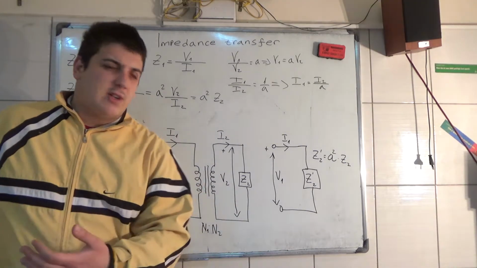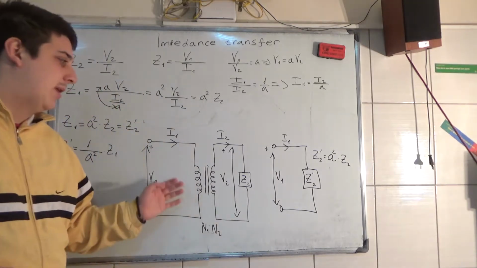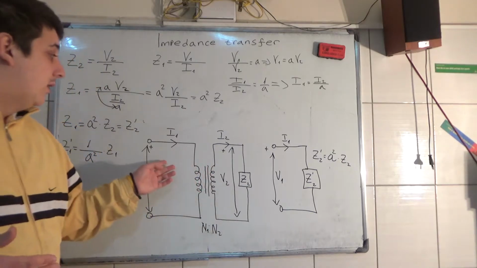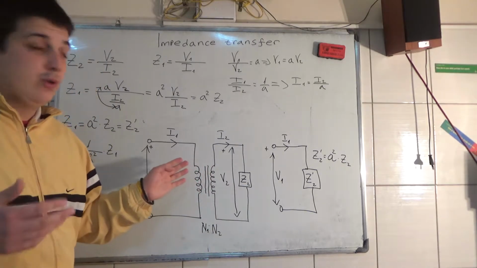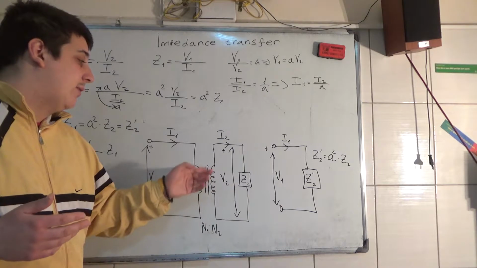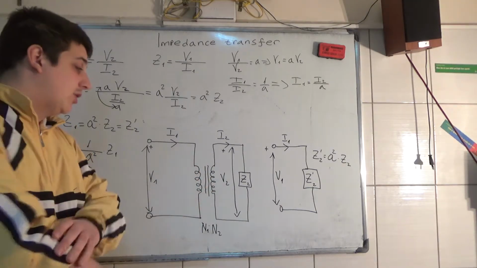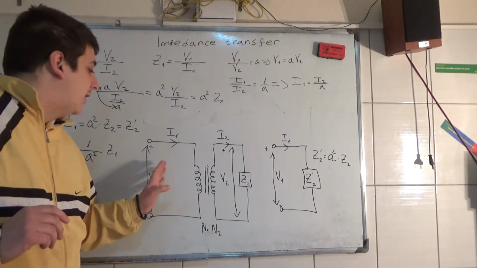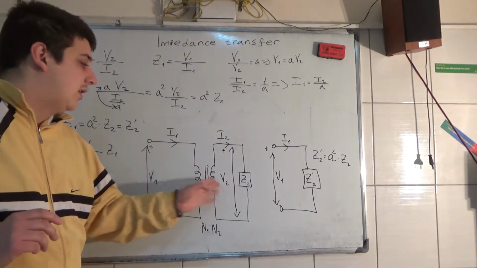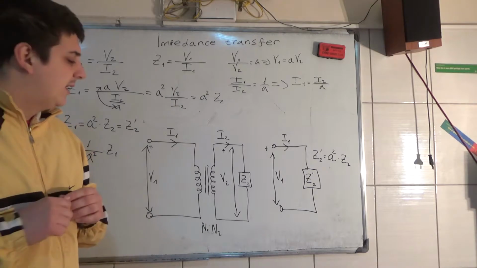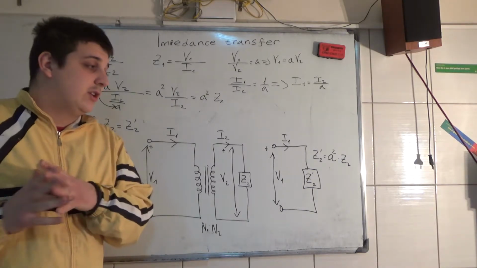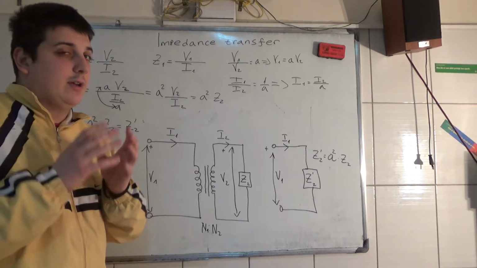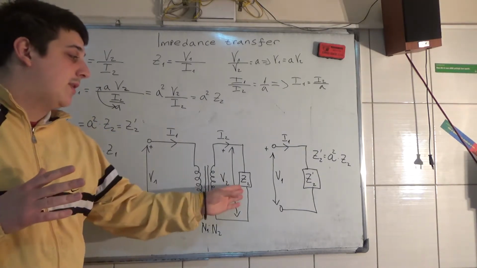So when we have a transformer, for example an ideal transformer, I told you in my previous video what are the equations for V1 and V2, what is the turns ratio, and so on and so on. Now the voltages induced here, in an ideal transformer, don't depend that much on the impedance.